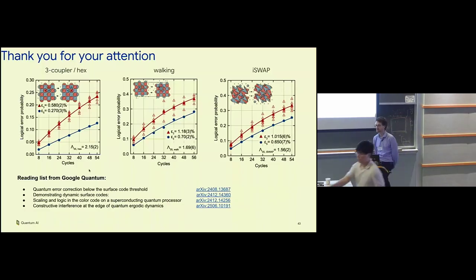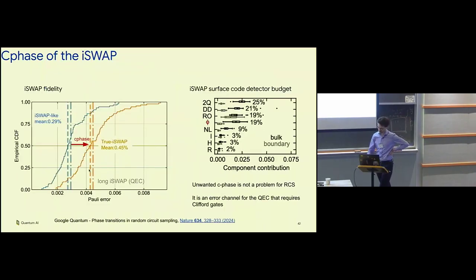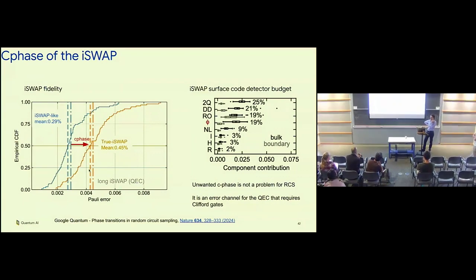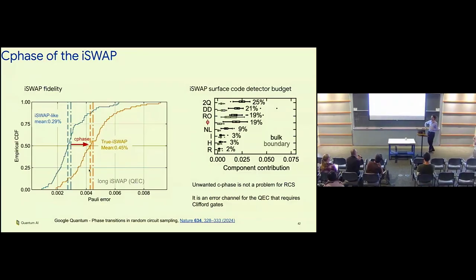Just on the previous slide, you were talking about how your highest fidelity gate is just this I-swap-like rather than the true I-swap. Could you imagine yet another deformed toric code where you used your I-swap-like gate rather than the I-swap? So you want a non-stabilizer code. That would be really good.